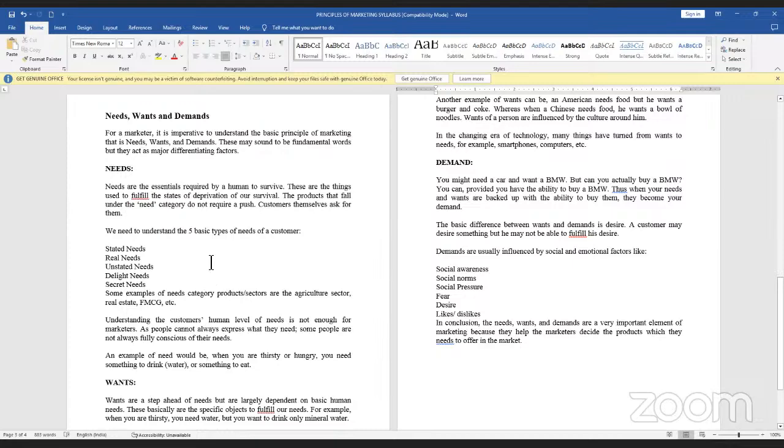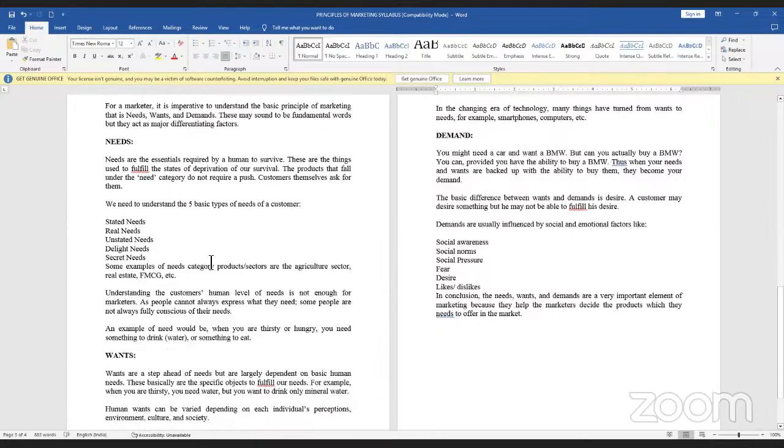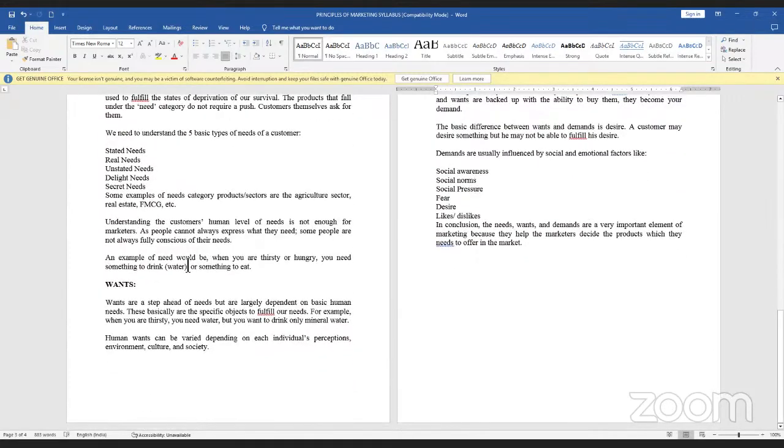There are five types of needs that the customer has: stated needs, real needs, unstated needs, delight needs, and secret needs. Stated needs are like food, water, shelter. Real needs, like clothing, is a real need of yours.